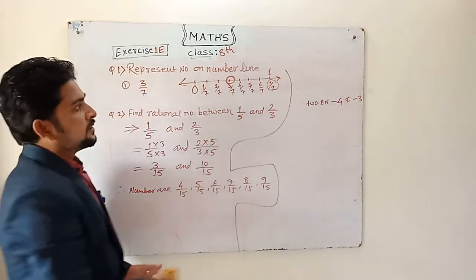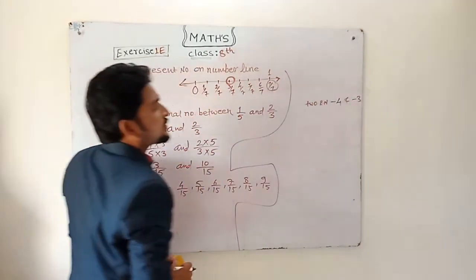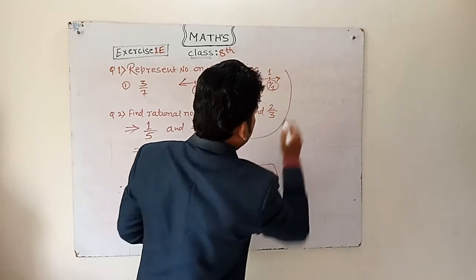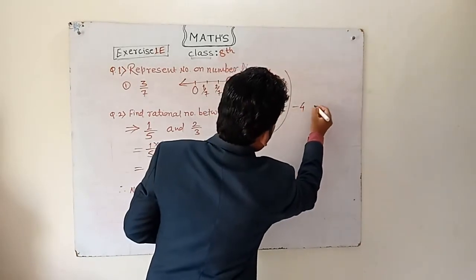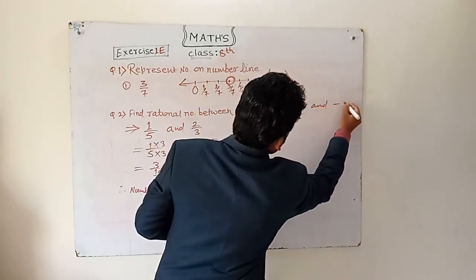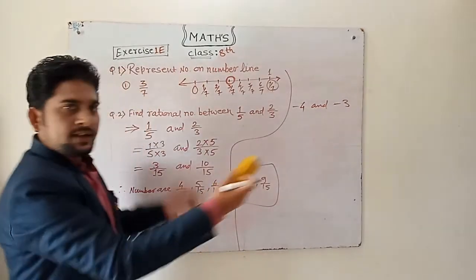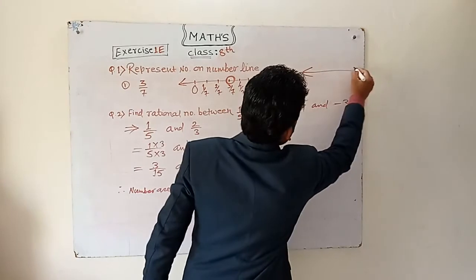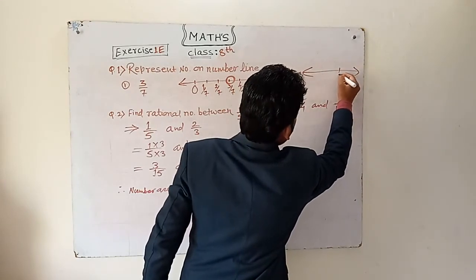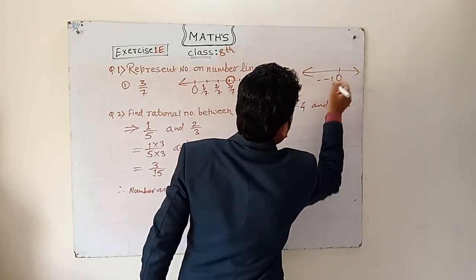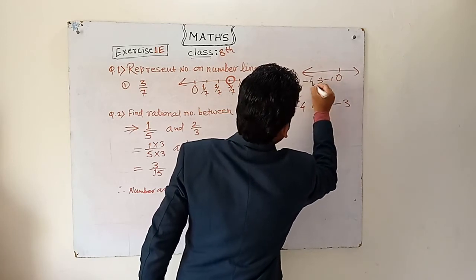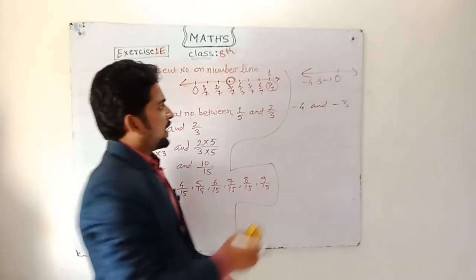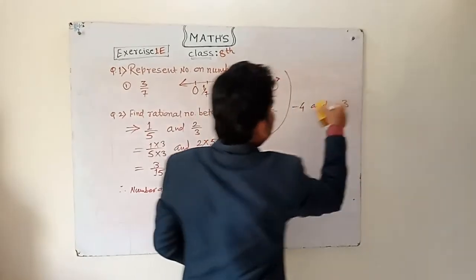See here, two rational numbers between -4 and -3. From this example, -4 and -3: is there any value in between? If you consider the number line 0, -1, -2, then -3 and -4, it continues. Still we have to find two rational numbers, they said here.